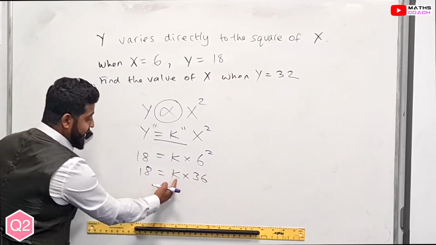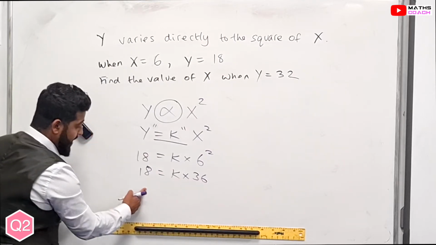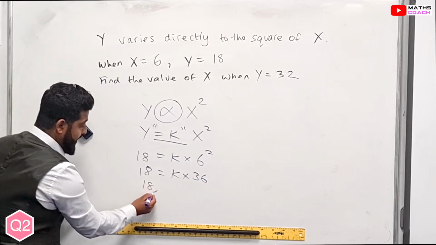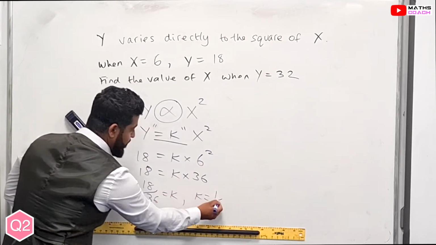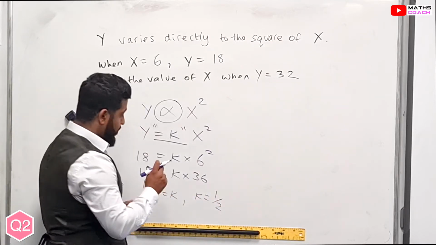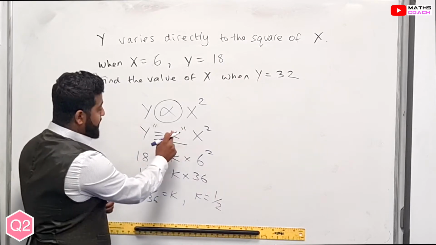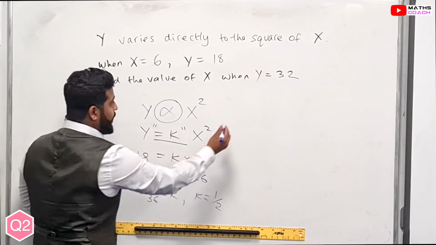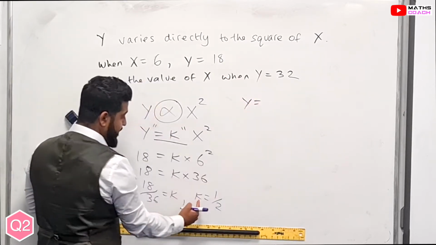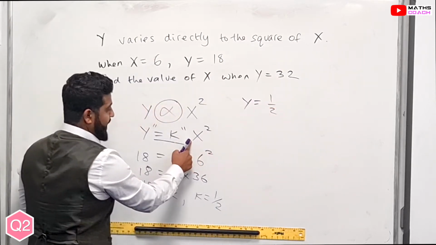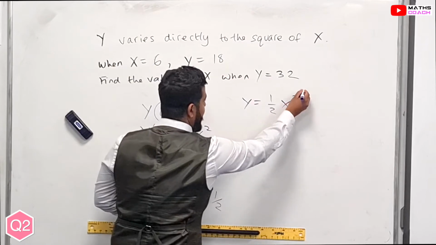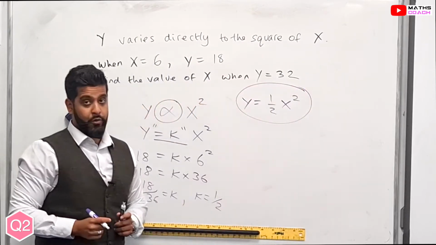Once again, we want to find the value of K, so we divide 36 over here, so you get 18 over 36 is equal to K, and that means K is equal to a half. So now we have the value of K, we'll substitute it back in here, so therefore Y is equal to K, which is a half, times by X squared, and that is our formula that we'll use.